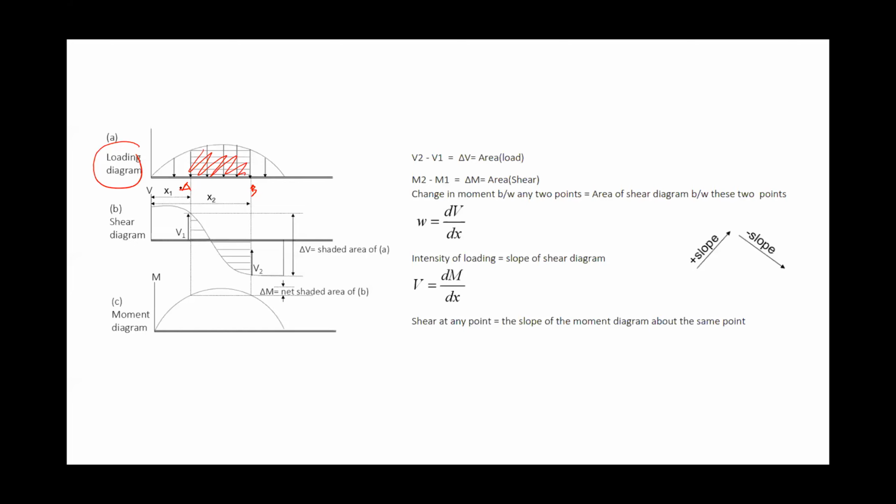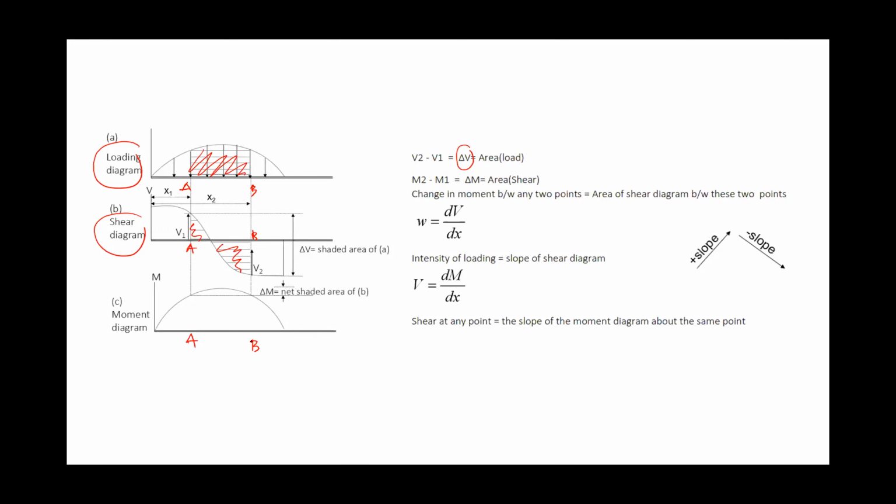Yung area sa A to B is equivalent dun sa change of shear sa A and B nitong shear diagram. Tapos naman, yung area naman na to sa shear, is equivalent sa difference or change of moment dito sa A and B ng moment diagram.